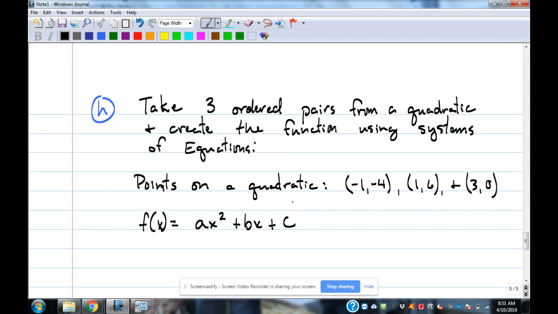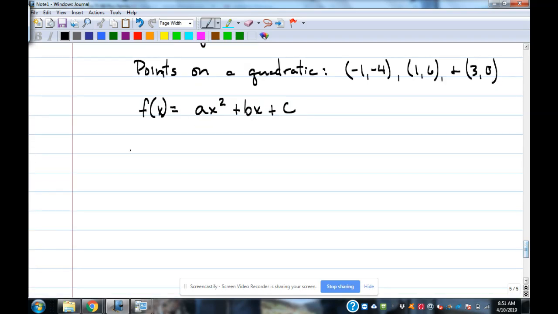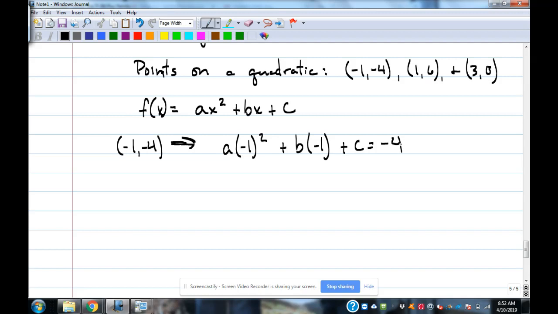So every ordered pair, we can build an equation with the x and the y. Your first equation that comes from the ordered pair (-1, -4) is going to be a times -1 squared plus b times -1 plus c is equal to -4.